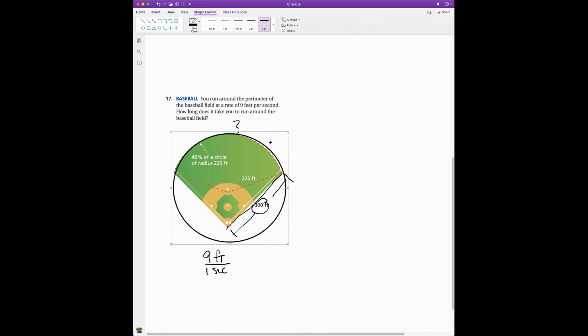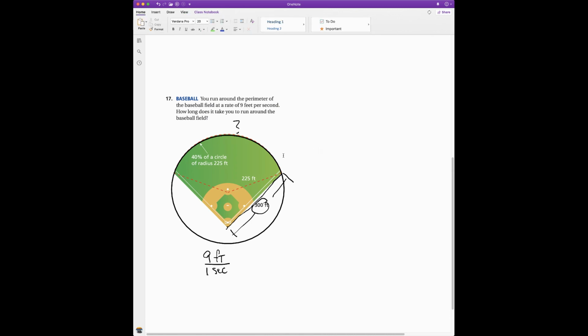There we go. And so let me take this circle and move it so that it's right on here. Okay, so pretty good. So if I have a circle where the center is right there, and I want to know, what's that radius? Well, I already know, it's right here. The radius of this circle is 225 feet.